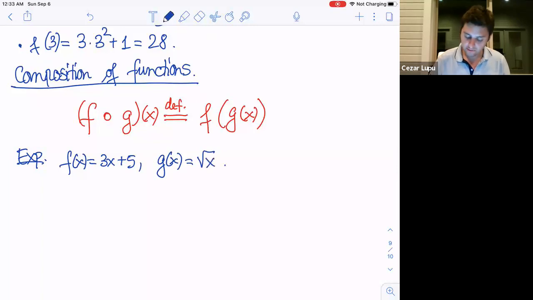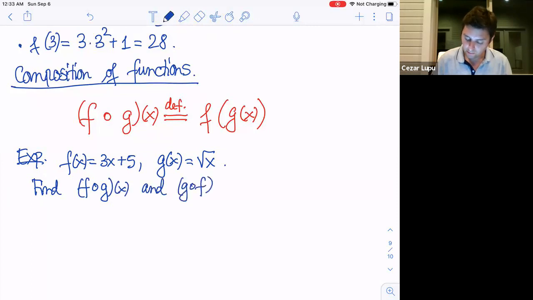And I'm interested to find f composed with g of x, and g composed with f of x. So let's see.